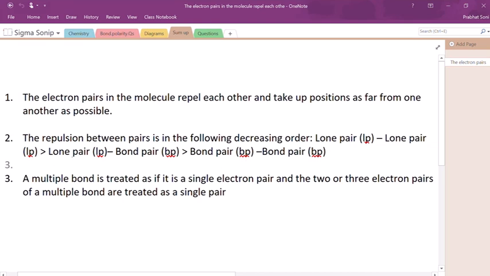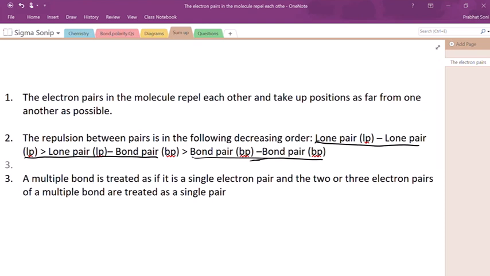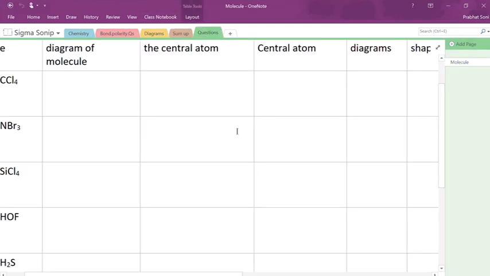So these are the 3 combinations, and this is the weakest combination, that's the strongest combination. Last one is a multiple bond is treated as if it is a single electron pair, and 2 or 3 electron pairs of a multiple bond are treated as a single pair, just as we did in the case of carbon dioxide.